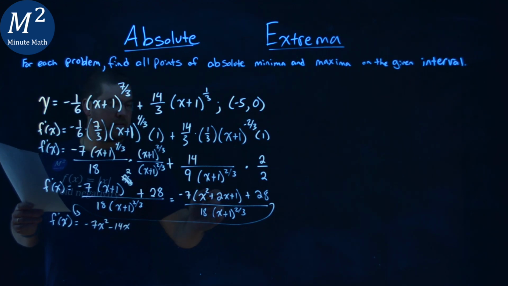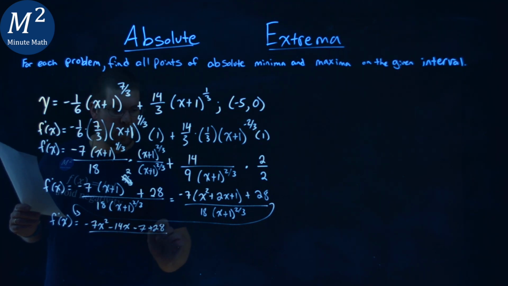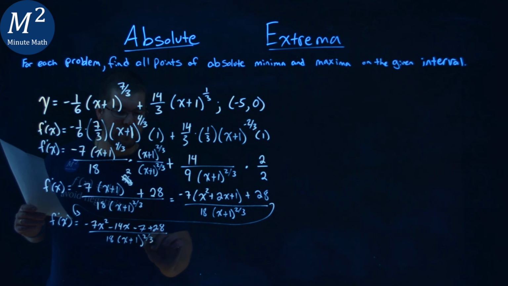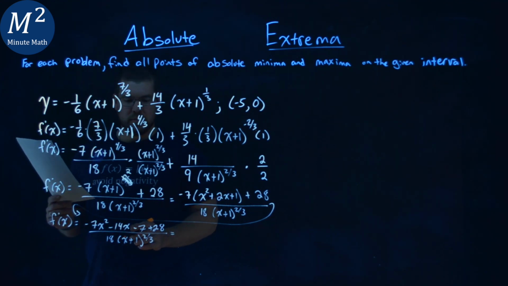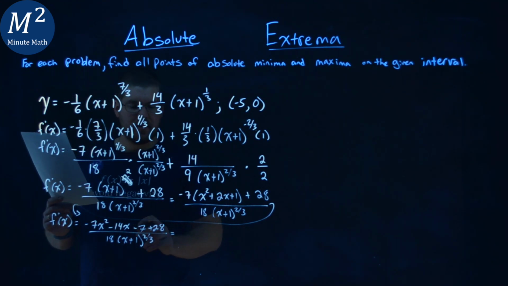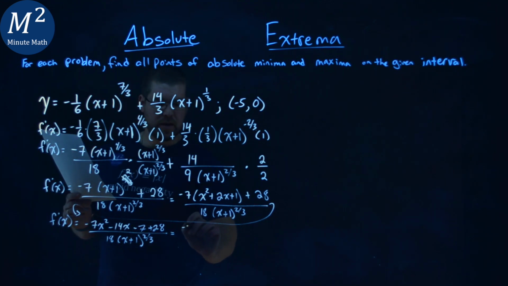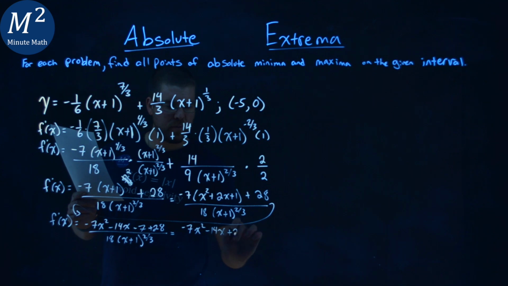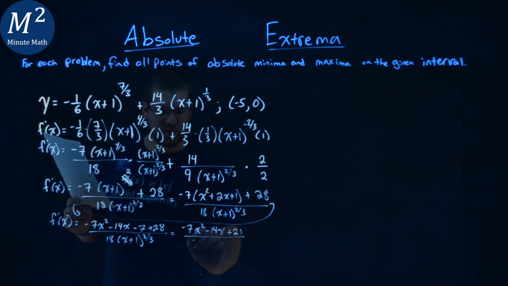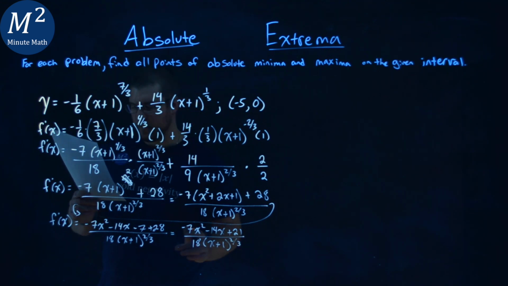Negative 7 times 1 is negative 7, plus 28 over 18 times x plus 1 over 2/3. Can't forget that. Keep on simplifying, combine like terms. Negative 7 and 28 is a positive 21. So negative 7x squared minus 14x plus 21, all over 18 times x plus 1 to the 2/3 power.